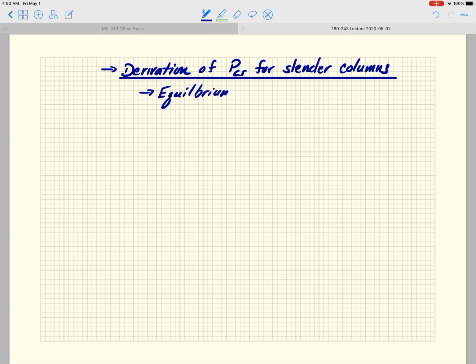And if you remember, in the previous lecture, we defined buckling, or that buckling limit, as the point where the moment that causes the displacement is enough to maintain that displacement.